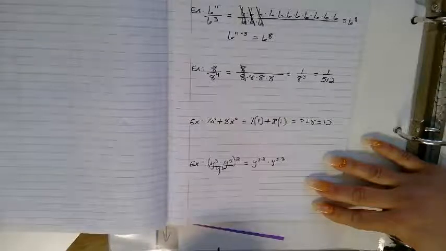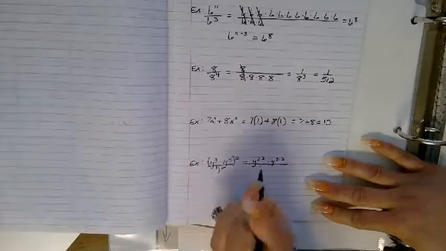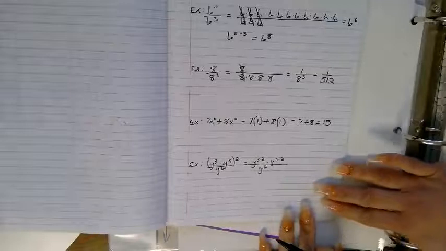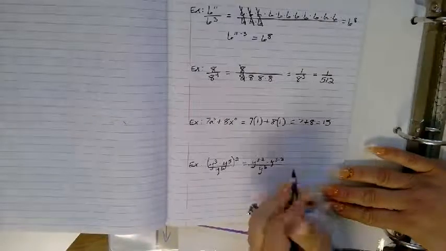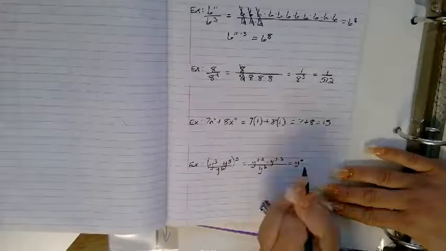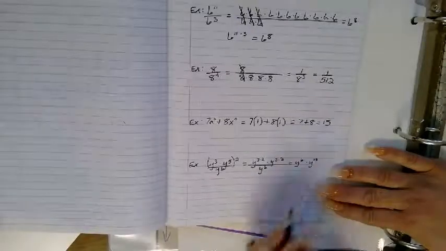Our y to the 6, we're not doing anything to him. We're just going to write him in there. And so now, y, and then 3 times 2 gives us 6, times y, and then 5 times 2 is 10. And then that's all over our y to the 6.